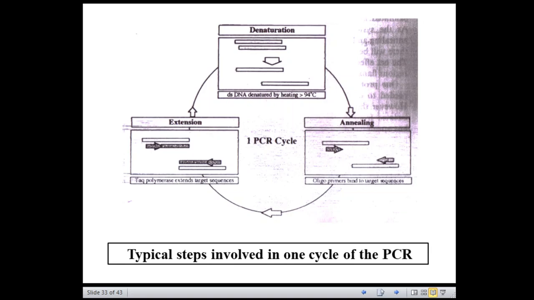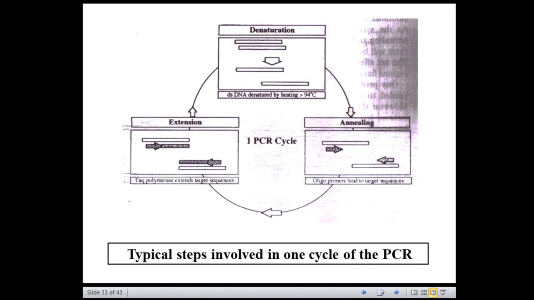In heating the reaction to about 90 degrees centigrade, the DNA starts to unwind. So that is the beginning of the PCR cycle. And then the reaction mixture is cooled, and then the reaction mixture is allowed for extension.